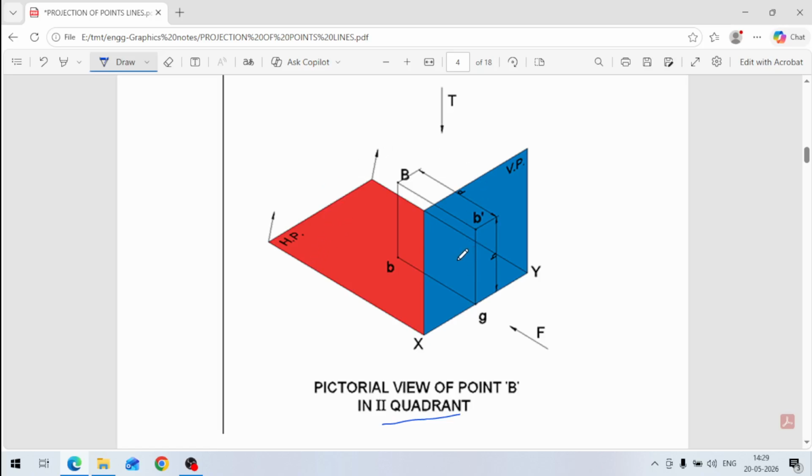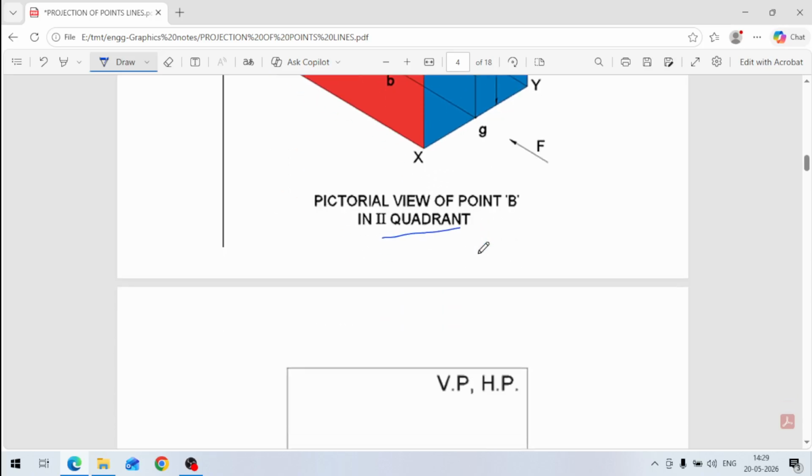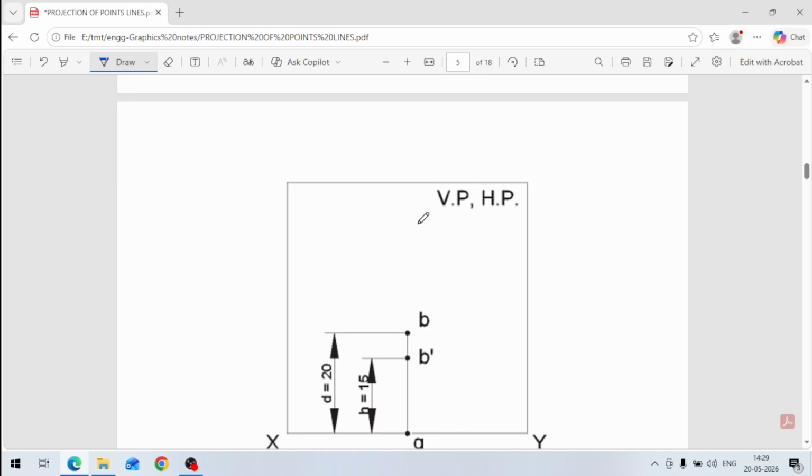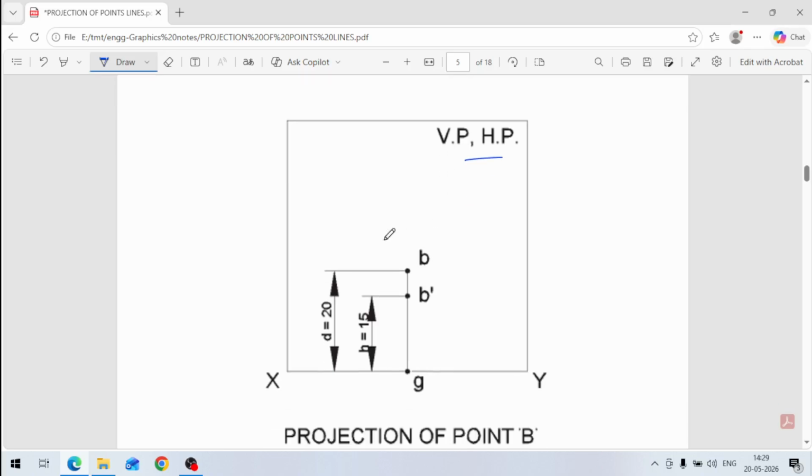So how will the projections be here? This is point B. This point is projected on this plane here and in the vertical plane also. Because both planes become vertical like this, and the distance is given here, D is equal to 20 mm and B dash is equal to 15 mm.